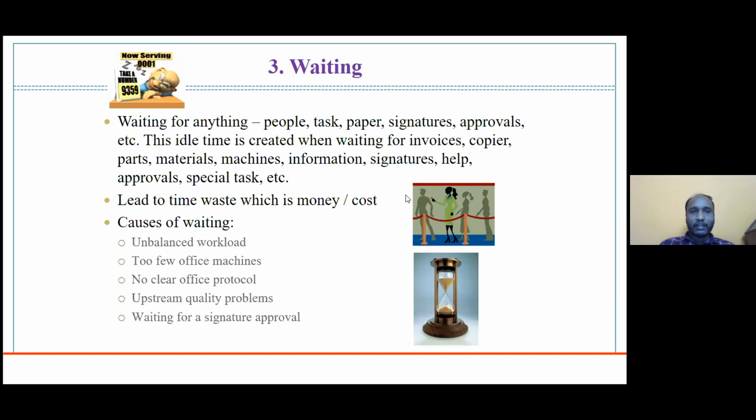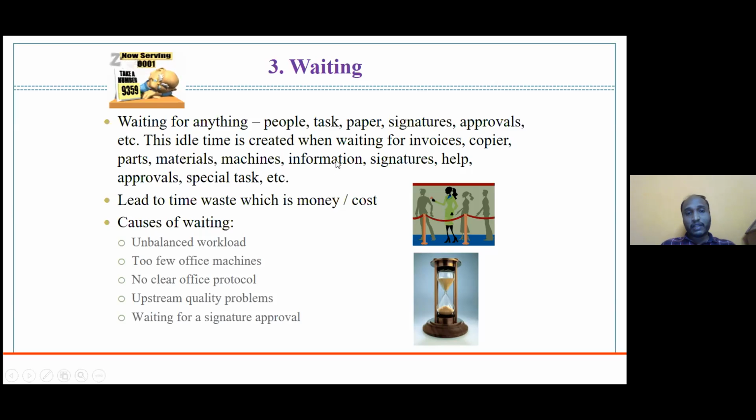Next will be the waiting. So waiting time, normally people will know. So we have to make the process so precise that people don't have to wait unnecessarily. We have to make some queue system. Here are some examples: waiting for anything, people, task, paper, signature, approval, etc. The idle time is created when waiting for invoices.